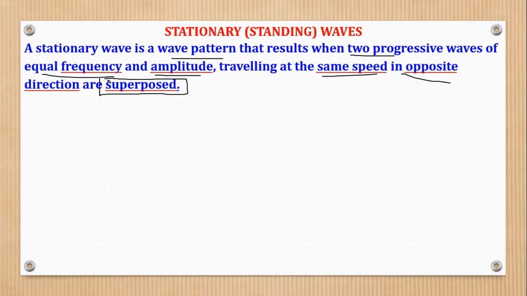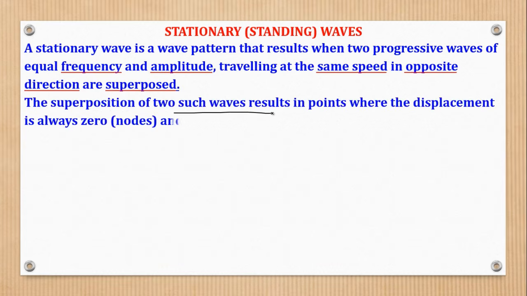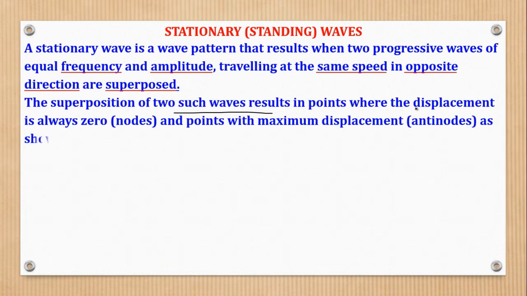So you have this word superposed or superposition, which is what it means. So superposition of two such waves results in points where displacement is always zero, and those points are called nodes, as we shall see, and points where displacement is maximum, and we shall call them antinodes. So let's try to illustrate that.